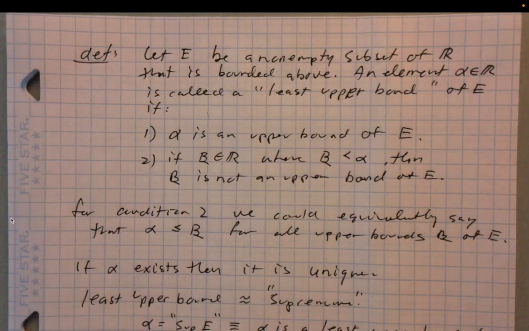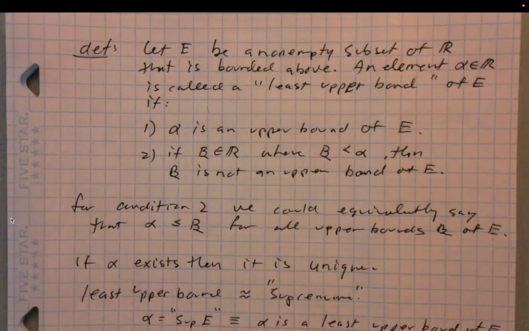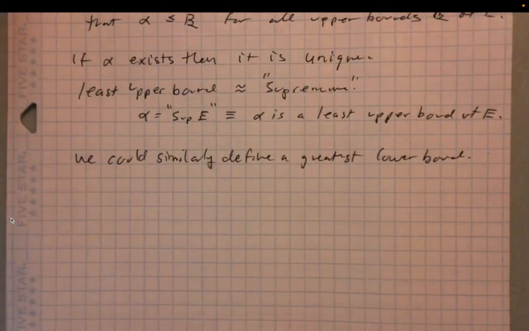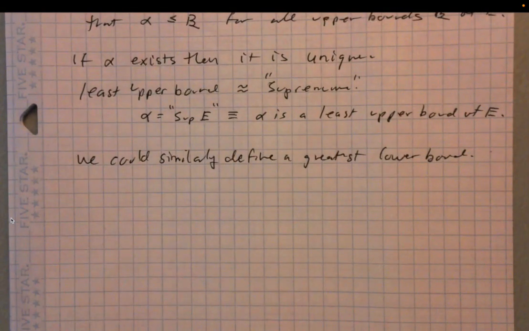So let E be a non-empty subset of R that is bounded below. An element alpha in R is called a greatest lower bound of E if alpha is a lower bound of E, and if beta is a real number where beta is greater than alpha, then beta is not a lower bound of E. So you could do the same thing, just flip the words.